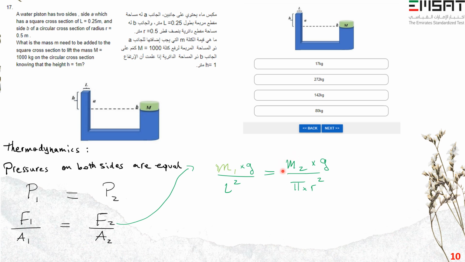Also, according to Newton's second law, the force is mass 2 multiplied by gravity, over, because here it's circular, the area on that side is pi r squared. You arrange the equation to find that M1, the only unknown in this question, is equal to M2 multiplied by gravity multiplied by L squared, over pi r squared multiplied by g. And the answer is 80 kilogram.